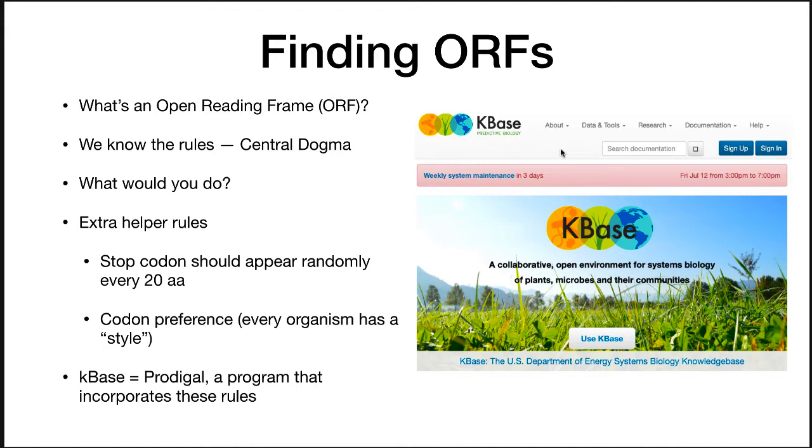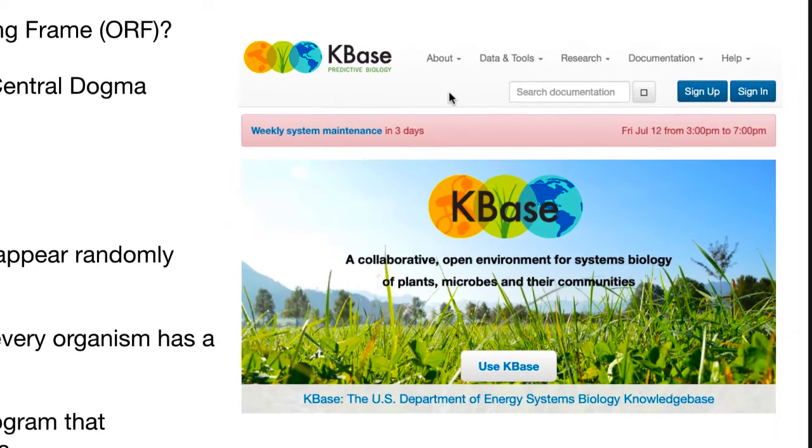So there have been programs that incorporate all these rules, and then some other ones that I'm not going to talk about because it's really sophisticated computer programming and algorithm design. But they've been made easily accessible, and one of the easiest things I've found is something called KBase.